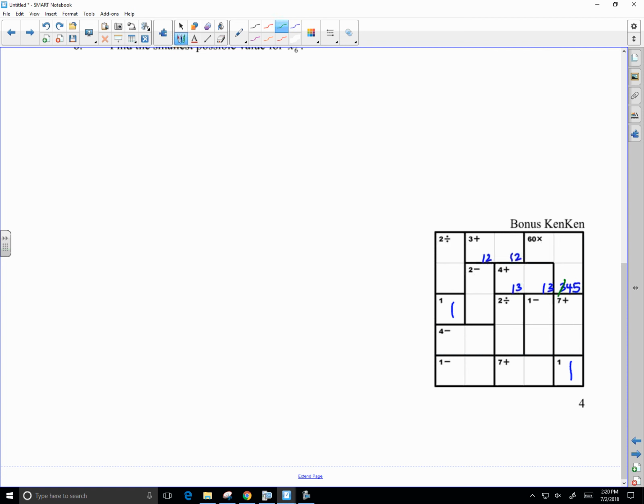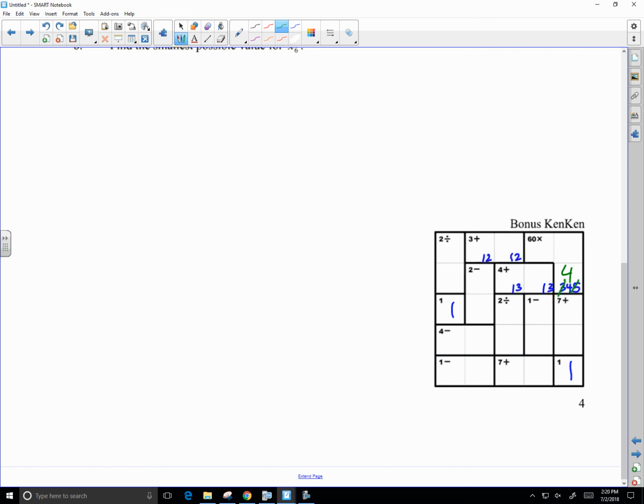It can't be the 3 because I'm using the 3 in some fashion here or here. Now, if one of these two entries has to be a 5, then this one can't be a 5, so this has to be a 4.